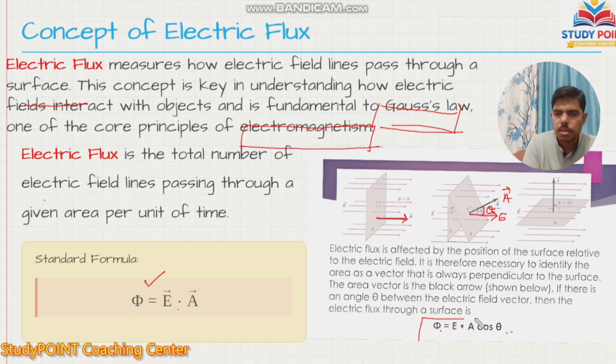Very important feature. And if the area vector is 90 degrees to the electric field line, then cos theta will be 0, hence phi, the value of flux, will be 0, means there will be no flux passing through this surface. That is a very important point.